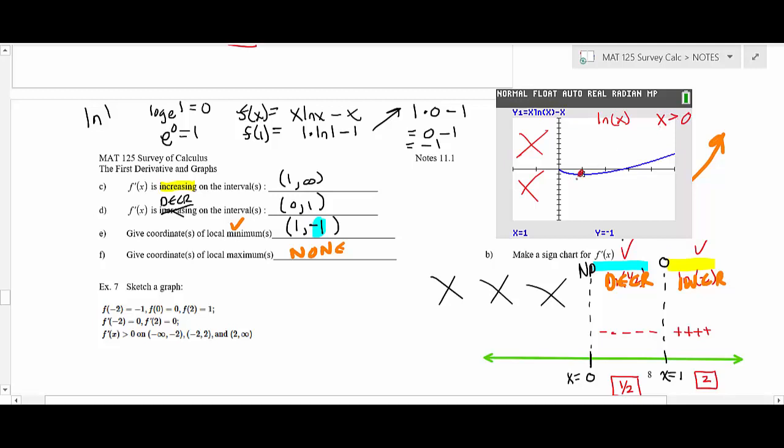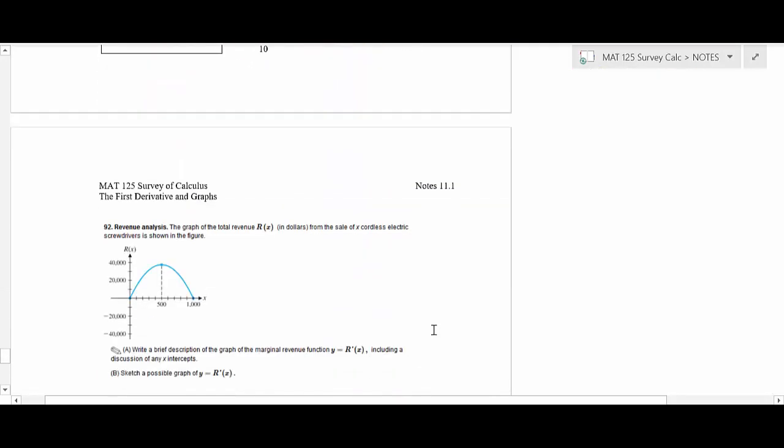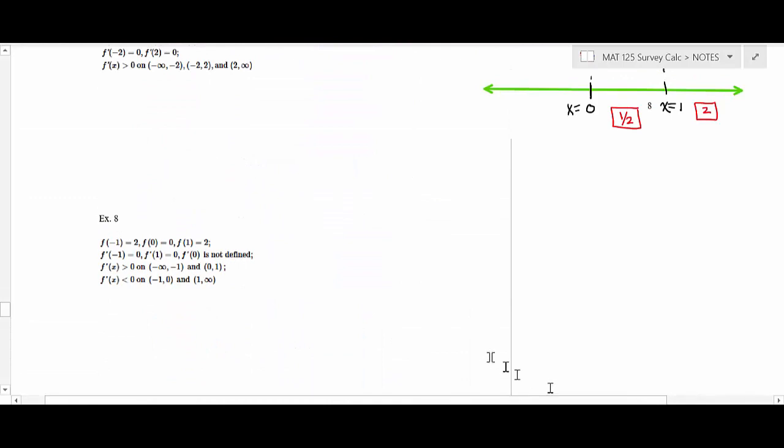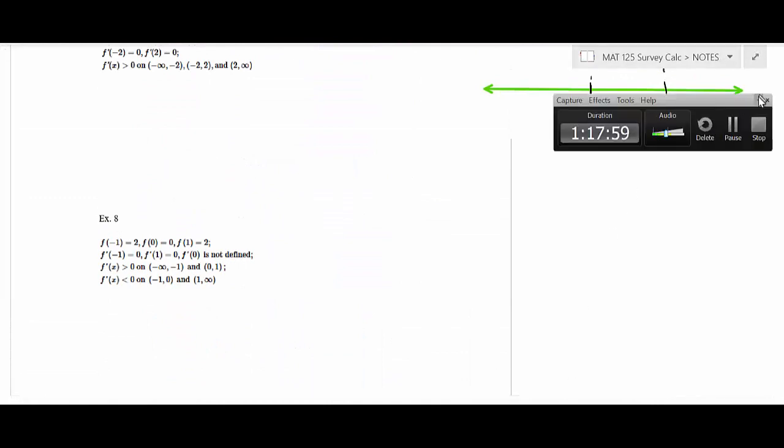So this is your min at 1, -1, and you can tell that you're decreasing, and then you can tell you're increasing. So that sign chart does exactly what we'd expect it to do if we looked at it on the graphing calculator. Okay, that's a problem that's a little bit more difficult for students because it's got logarithms in it.